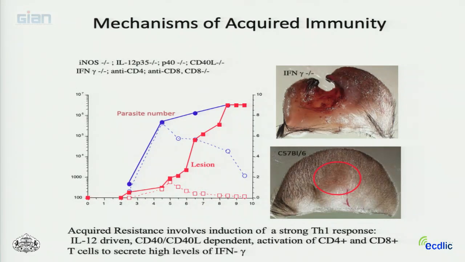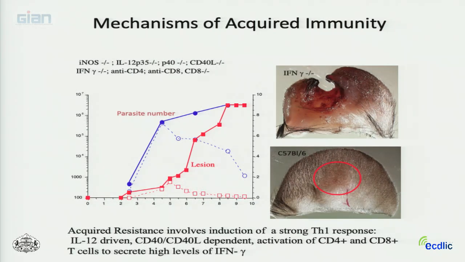In the knockout lines, here's an example interferon gamma knockout mouse. They develop these really severe pathologies. Non-healing lesions start eroding the ear dermis, destroying the tissue, and huge numbers of parasites are left uncontrolled in the skin.